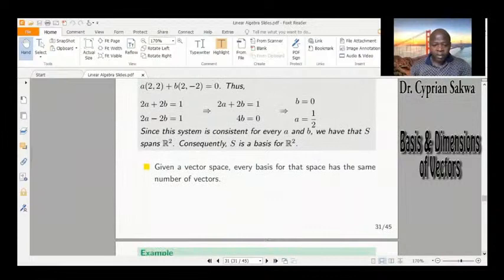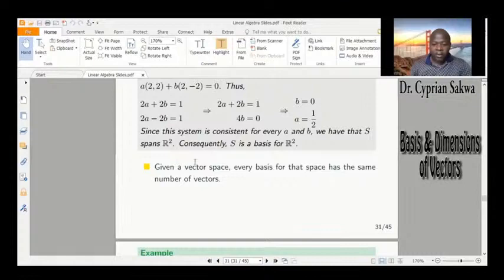Just before that example, this point that I have here is very important: if you have a vector space, then every basis for that space has the same number of vectors. That means if you're looking at R2, then a set that will be a basis of R2 must have two vectors, not more than two.